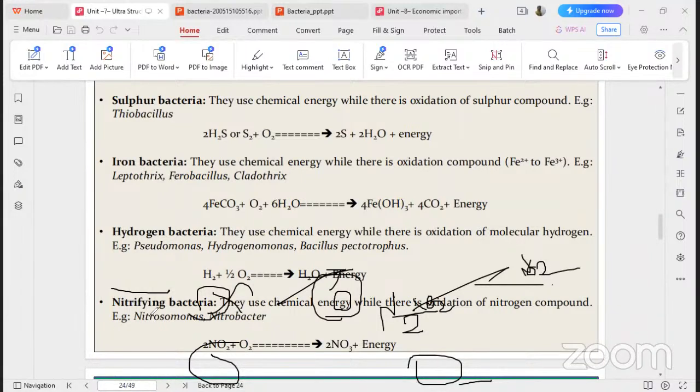That is the reaction by Nitrosomonas. And by Nitrobacter, NO2 in the presence of oxygen is converted into NO3. N2 to NO2, NO2 to NO3. There we are releasing the energy. Because of these nitrifying bacteria only, we are able to get protein.